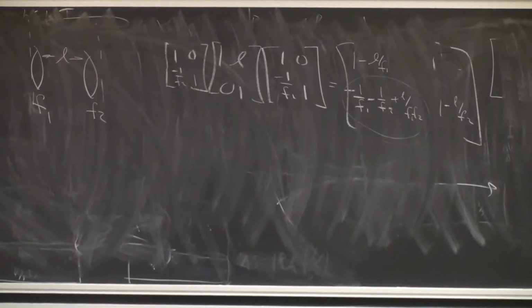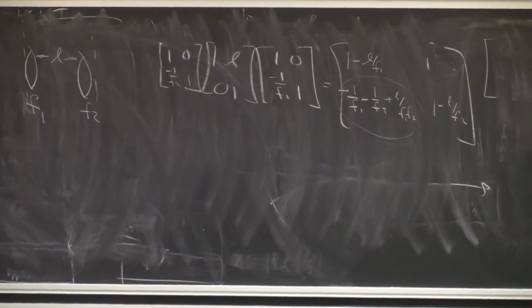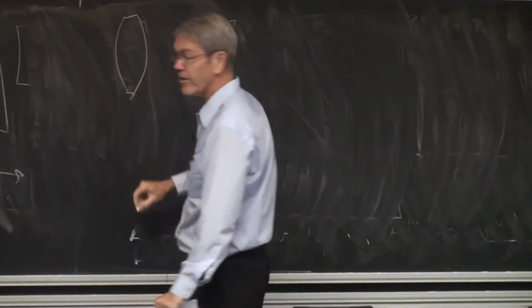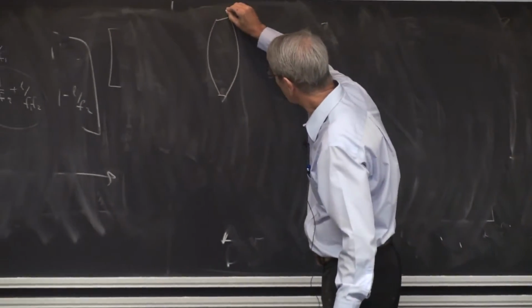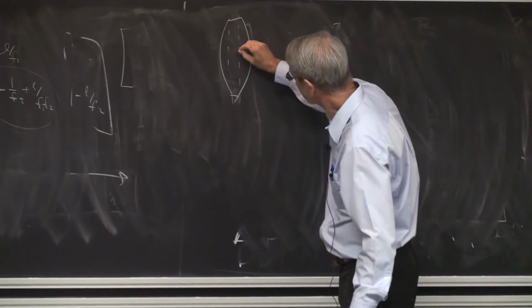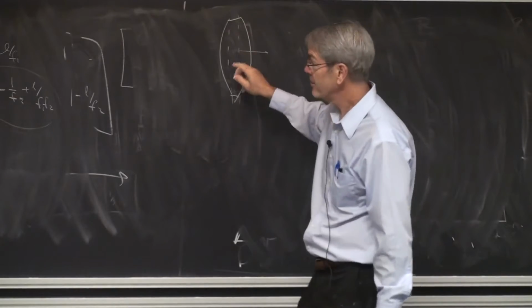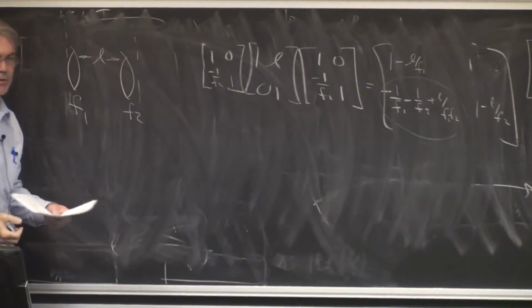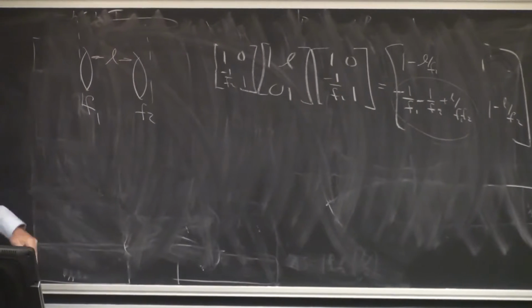If you actually do your optics, you'll find that if I take a physical lens and define a focal length, I will define what are called principal planes, and my focal length is measured from that principal plane. So this has principal planes somewhere. An optician would say you want to measure f from the principal plane.